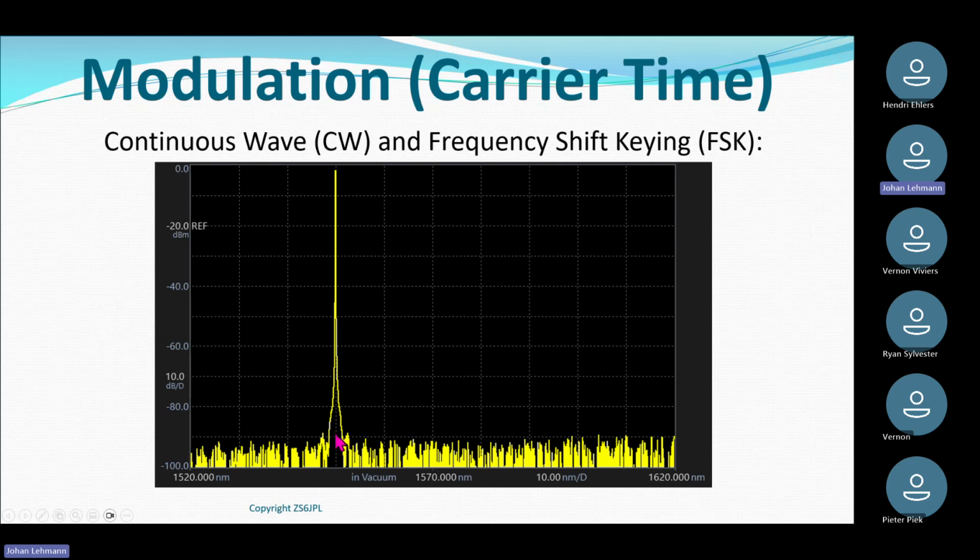If I was doing FSK, frequency shift keying, this carrier will still look the same as this, but it would jump. One moment it would be here on this line, for example, then it would jump back to this line on the spectrum. So it would jump between these two positions all the time while my transmitter is switched on. Okay, so that's modulation by changing the time of my carrier.